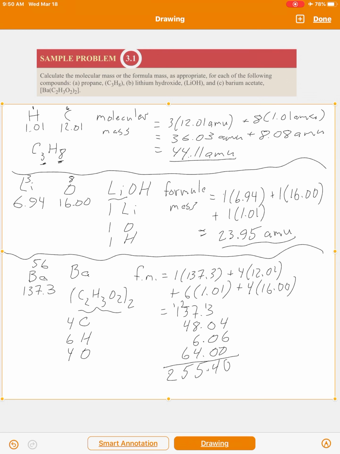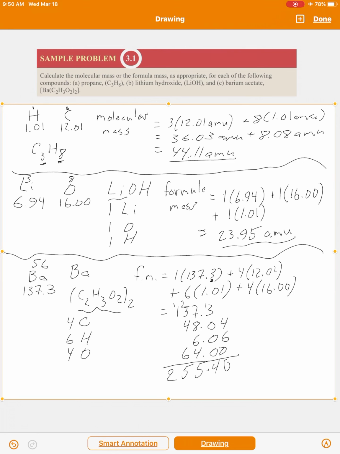However, we're adding, and the rule of sig figs is this. Of the numbers that you're adding together, the one that goes the fewest digits past the decimal point, your answer has to be rounded to that one. So notice how the barium only goes out 1 digit past the decimal point. The other ones go 2.